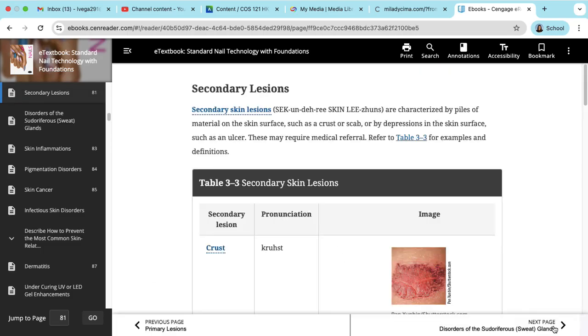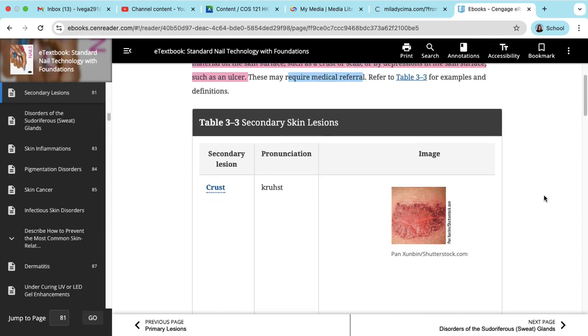Secondary lesions. These are characterized by piles of material on the skin surface, such as a crust or scab, or by depression of the skin surface, such as an ulcer. This requires medical referral. That means that you cannot touch the skin.